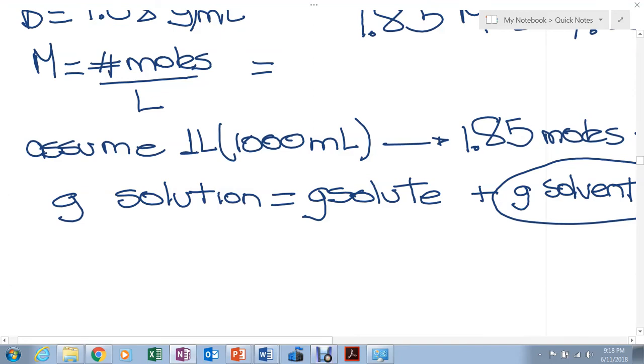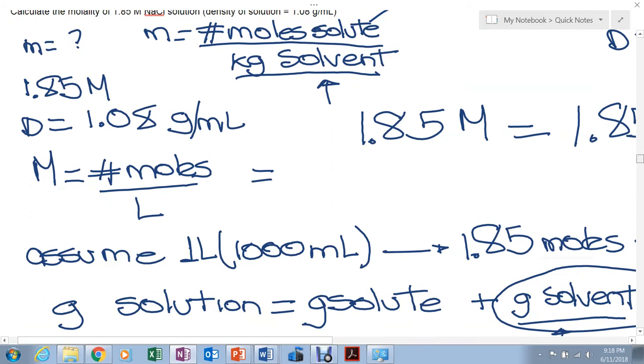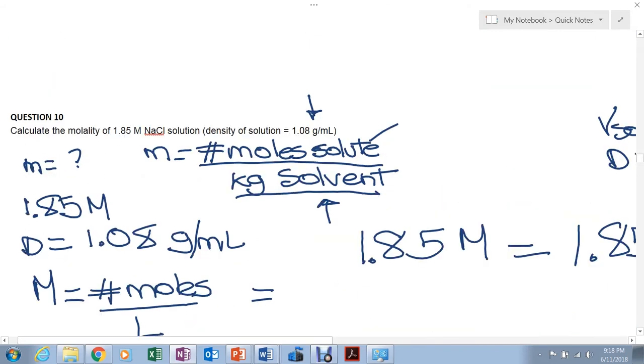What we need for this problem is the grams of solvent or kilograms of solvent. And we don't have it. That's what I'm trying to do with all this. I have the moles, because as I said, 1.85 molar means that you have 1.85 moles in 1 liter.